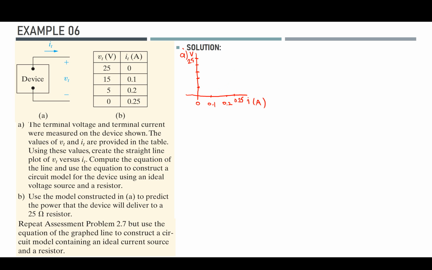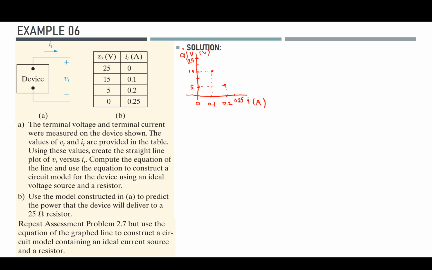This is amps, and this is volts. I just mark my points. So this is the 15 volts range, and this is the 5 volts range. My first point is here, my second point is something like this. I have another point which would give me this, and I have 0.